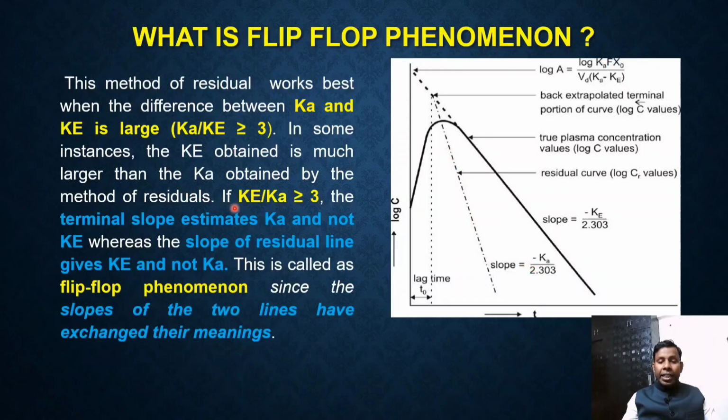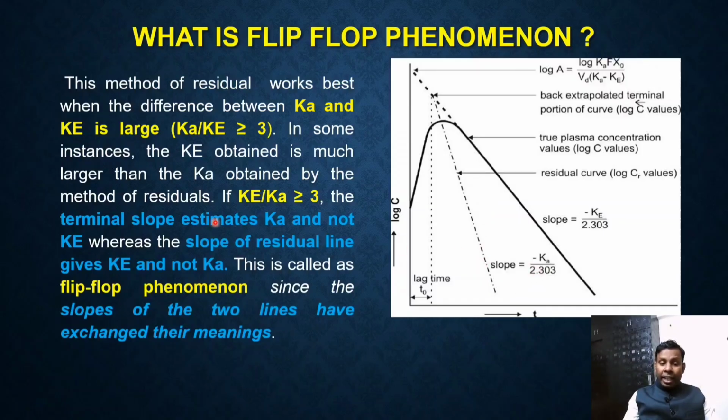Here it is written that if Ke by Ka is greater than or equal to 3, then the terminal slope estimates Ka, not Ke, whereas the residual slope will give Ke, not Ka. In the normal case, when Ka by Ke is greater than or equal to 3, the terminal portion will give Ke and the residual curve will give Ka.